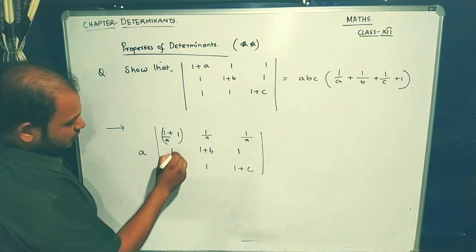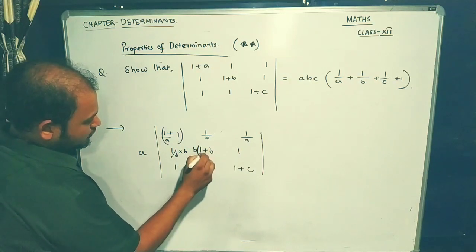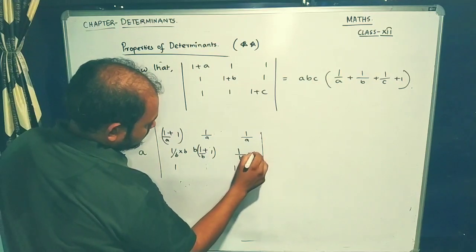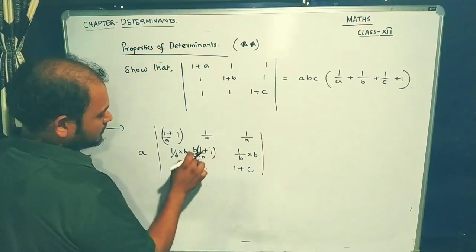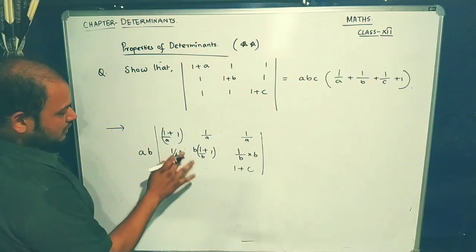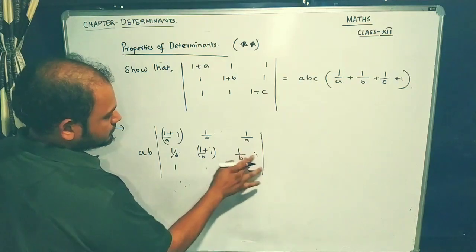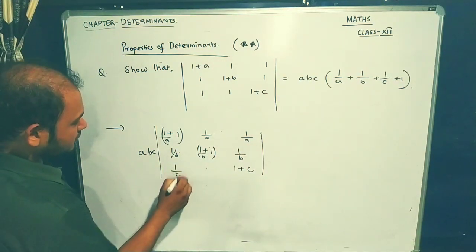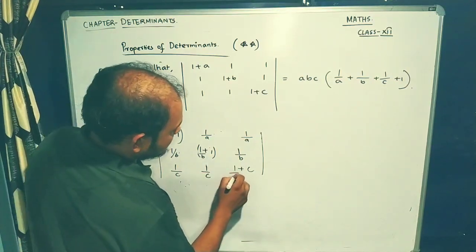I can write 1 as 1 by b into b, and I can write 1 plus b as b into (1 by b plus 1). So you see that b is a common term. So if I take b as common outside of this determinant, then we are left with this term. In a similar way, I can take out c as well, and we will be left with 1 by c, 1 by c, and 1 by c plus 1.